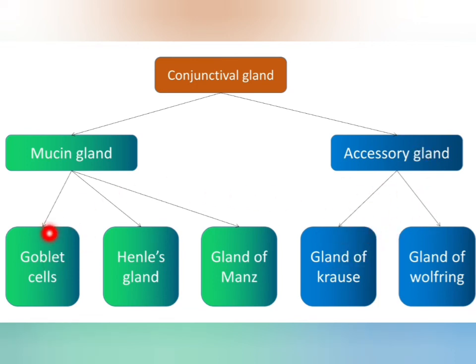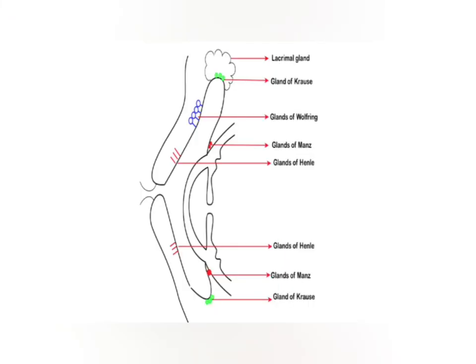So goblet cells, Henle's gland and gland of Manz produce mucus, the innermost layer of the tear film, which reduces the surface tension of tears to increase the stability. And the glands of Krause and Wolfring act as accessory lacrimal glands to produce the aqueous component, okay, and the lipid component comes from the meibomian gland, okay.